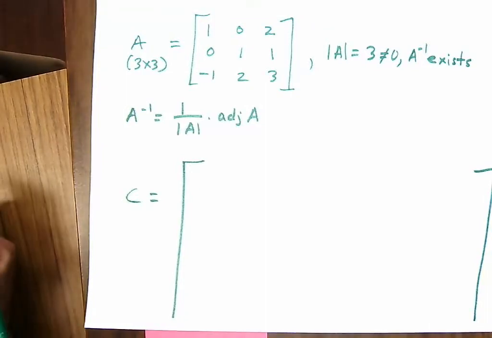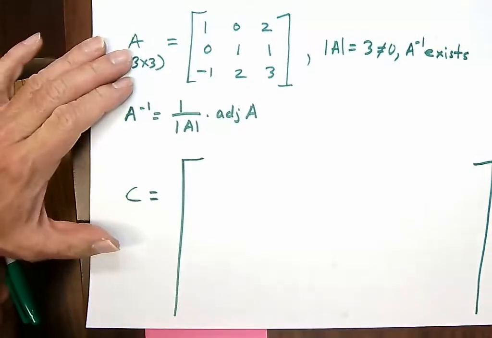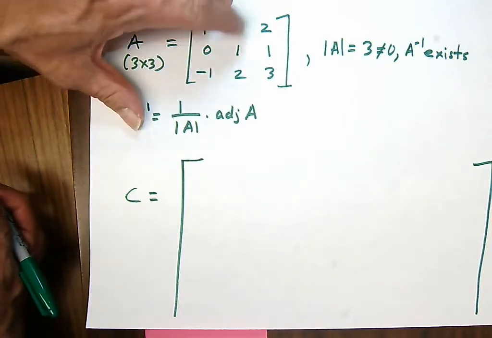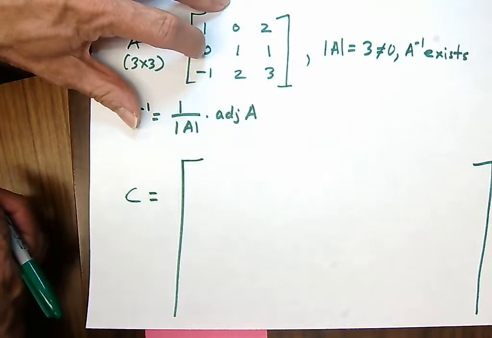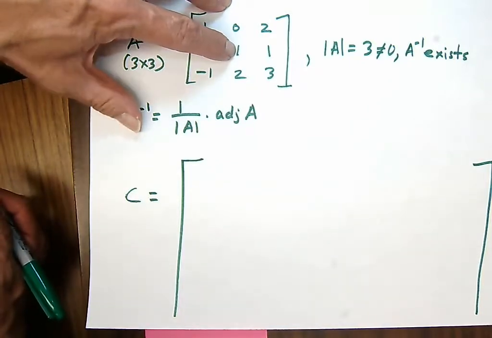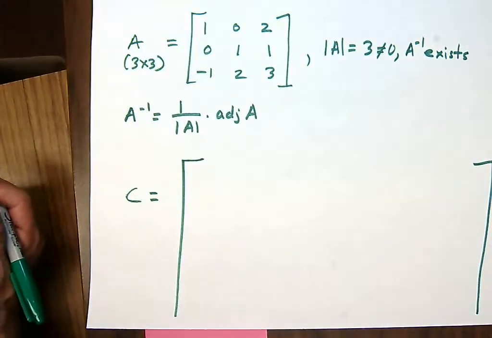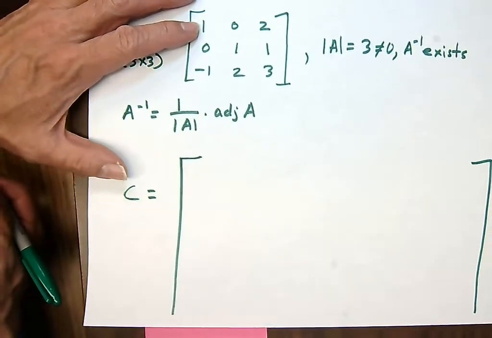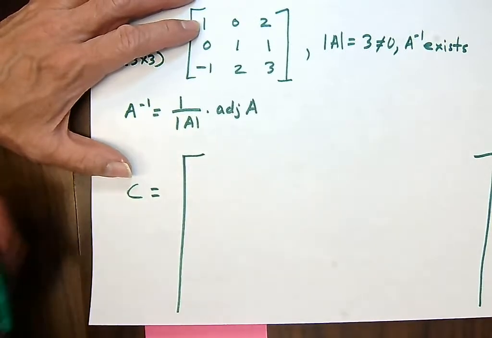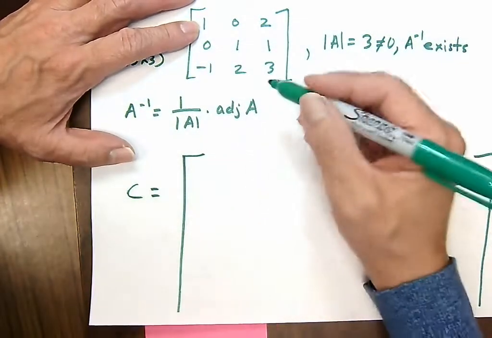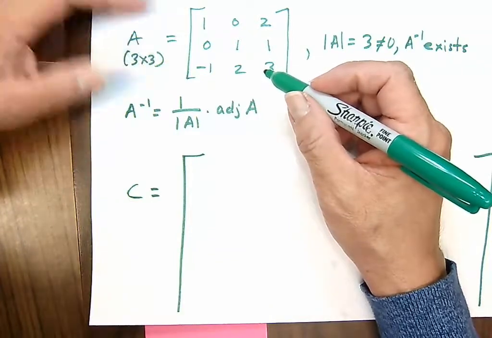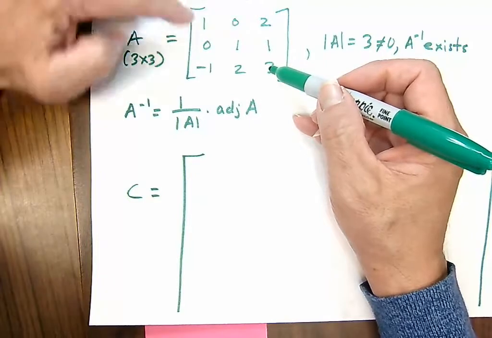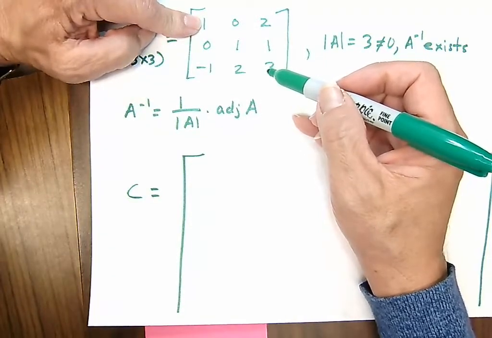Recall that the elements of the A matrix can be thought of in general as A11, A12, A13, A21, A22, and so on. So let's go back to the first element, A11, which in this case is 1, and find the cofactor of that element. The cofactor of element A11 is the minor of element A11, which is the subdeterminant of the A matrix after we delete the row and column containing that element A11.